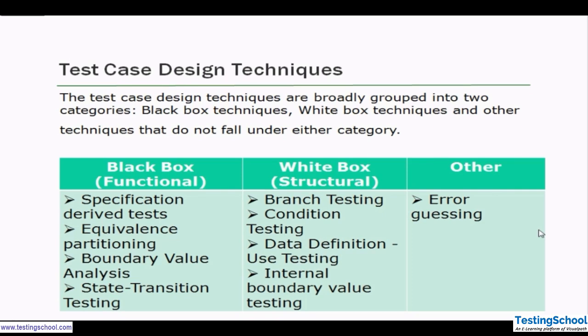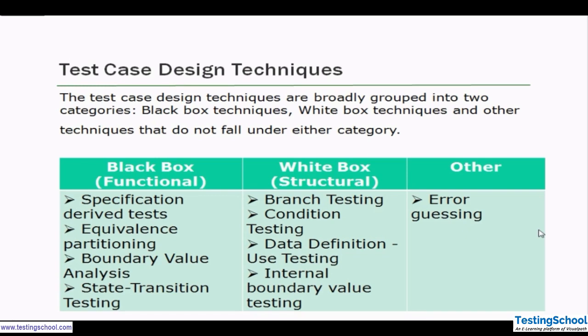Then we have the equivalence partitioning and boundary value analysis. So what is equivalence partitioning? It is basically a black box testing technique, as we have seen, which is applied for all levels of testing, like unit testing, integration testing, or system testing.